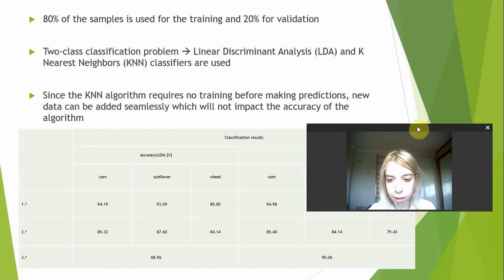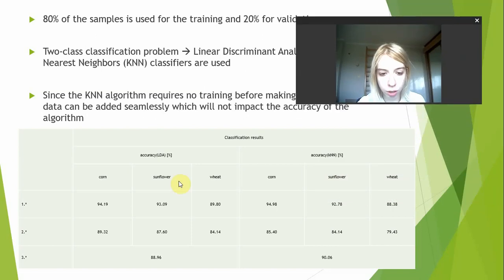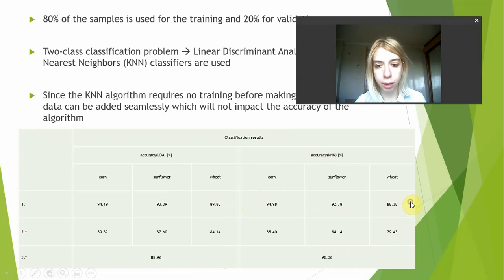We have in this table the results. As you can see, the accuracy is very high, going up to 90%, and both of the classifiers are very tight on the performance, so the results are quite reliable.